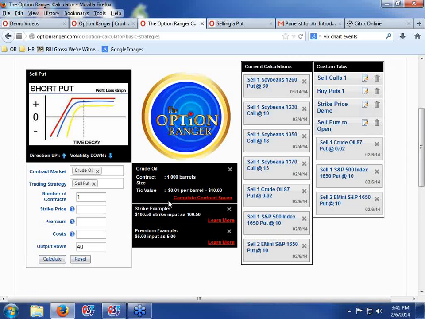So now we're going to input a price, now that we know how to do it, of 87. Okay, which would be for crude oil to be trading at $87. And so the expectation of the person who does this would be that the market will somehow hold above 87 or actually go up.